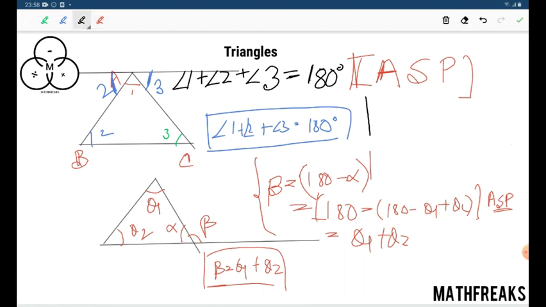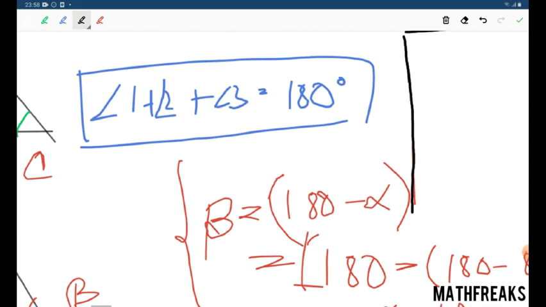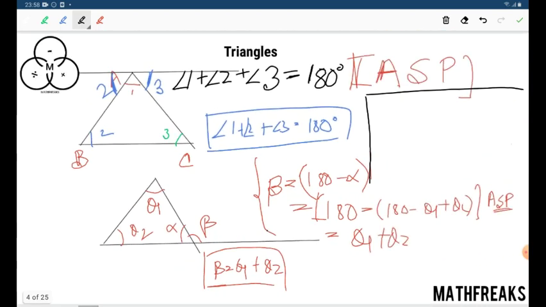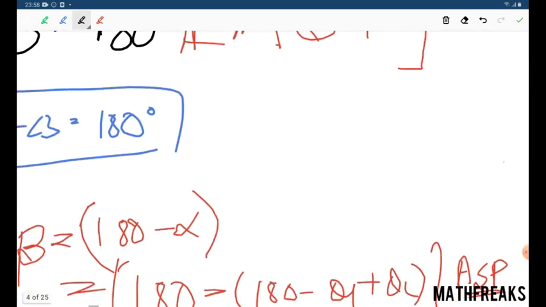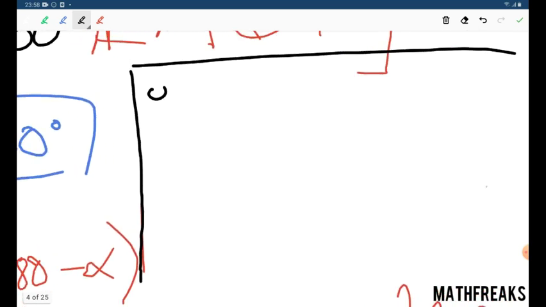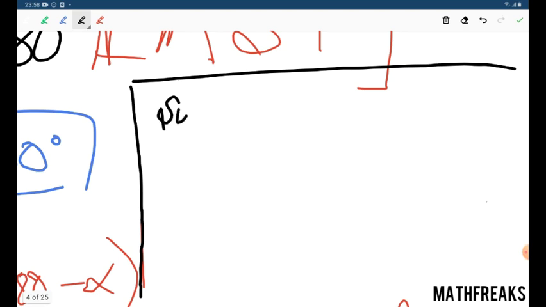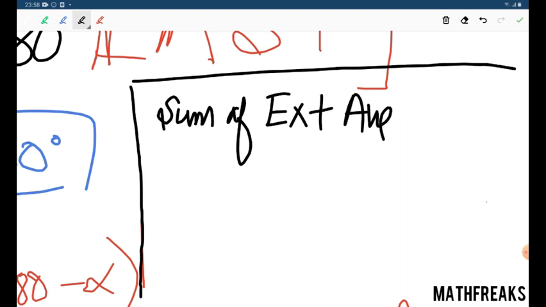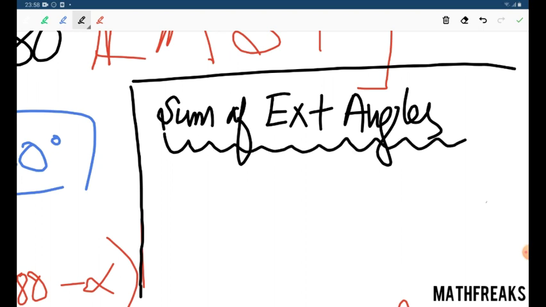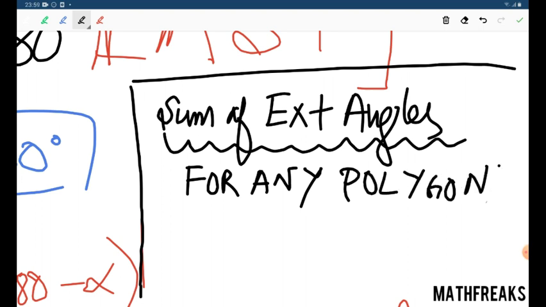In case of a triangle, what about the sum of exterior angles? The sum of exterior angles for any polygon, be it a triangle, quadrilateral, pentagon, any polygon, is always 360 degrees.